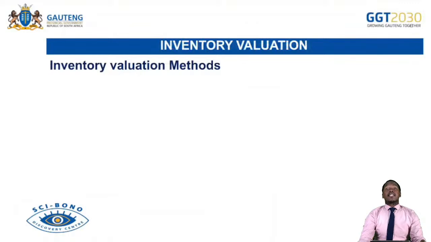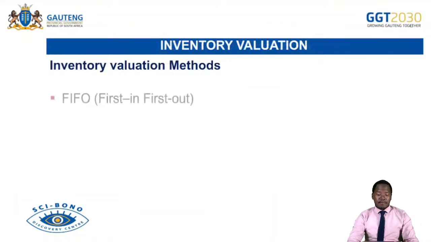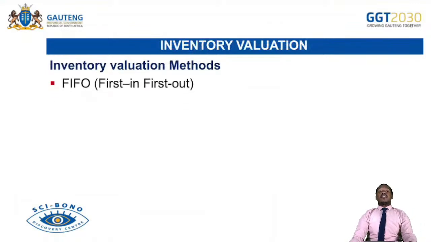Right, grade 12 learners, we are going to be looking at our inventory valuation methods as our first topic of the day. Grade 12, we have 3 types of inventory valuation methods. The first method is called FIFO, that is first in, first out.